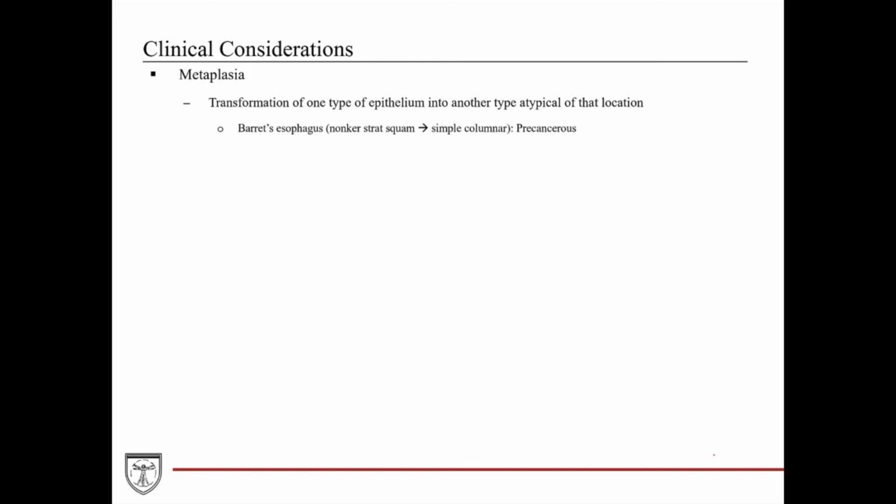So it sounds as if this is protective and adaptive, but unfortunately, such metaplasia is typically a precancerous condition, and continued exposure to the stomach acid and the stressor will then progress from metaplasia to dysplasia, where the cells will actually become dysplastic or cancerous.